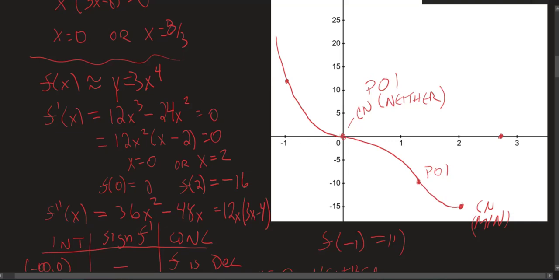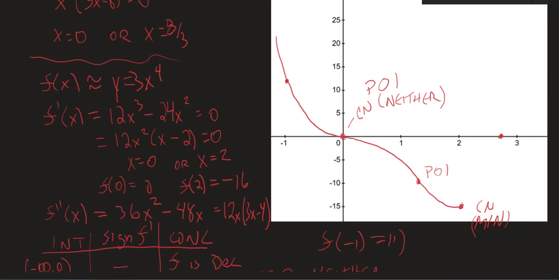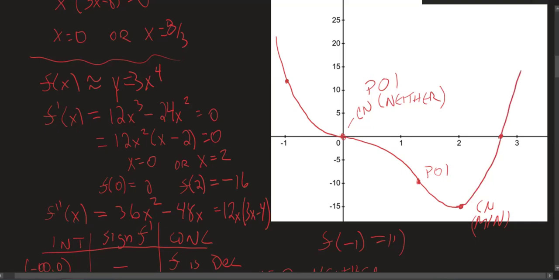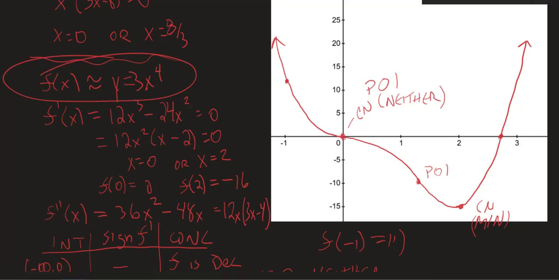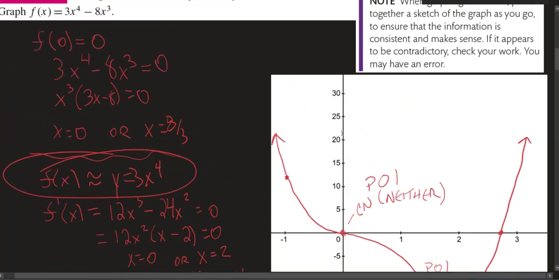And then at 2, you have a critical number, which is a local min. The graph changes to increasing, but it's still concave up. And then it rises to the right. And the end behavior on both sides, remember we said, looks like y equals 3x to the fourth power. All right, so that was how we graph this one.